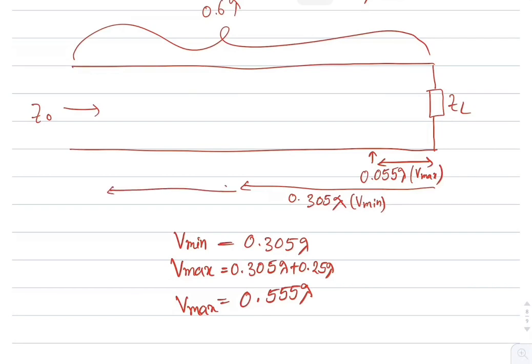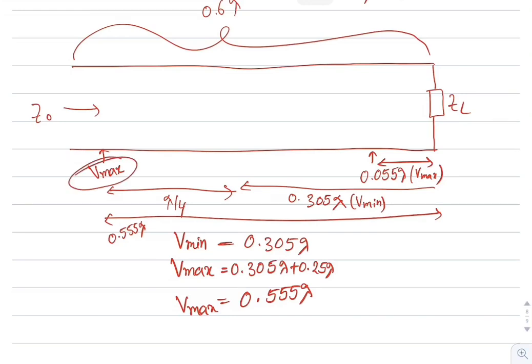Again you will travel a distance of lambda by 4. The total value is now 0.555 lambda. Here you will get a V max. After this V max, again you will get V minimum. At V minimum, the distance is 0.555 lambda plus 0.25 lambda.